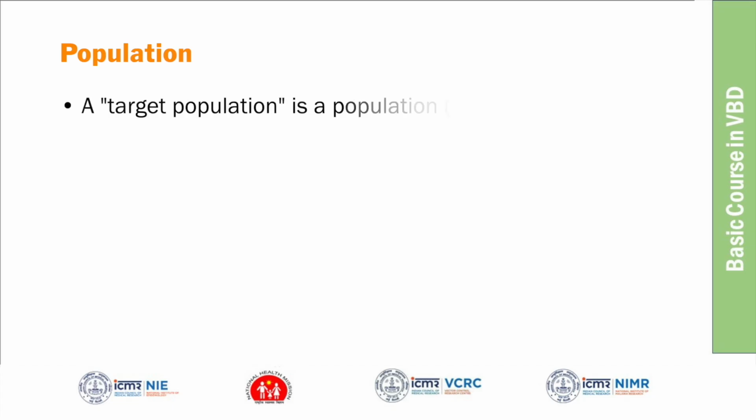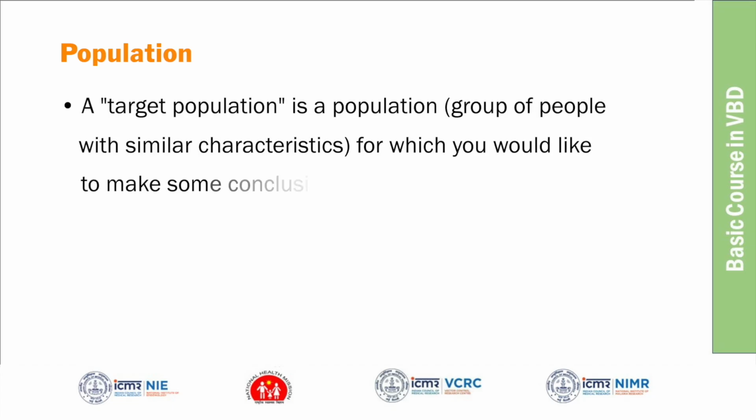Let's go to the topic proper. Before understanding how to measure prevalence, incidence, and measures of mortality, let's look at what epidemiologists mean by population. When epidemiologists talk about population, they are talking about a group of individuals with similar features or characteristics, and it is about this group of individuals that I want to make some conclusion.